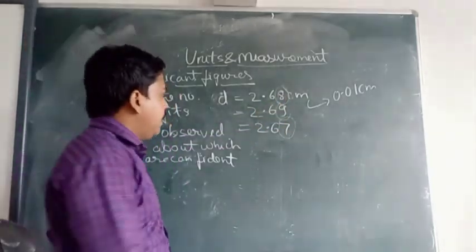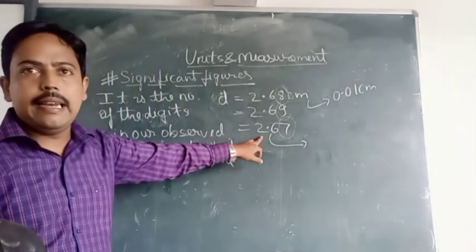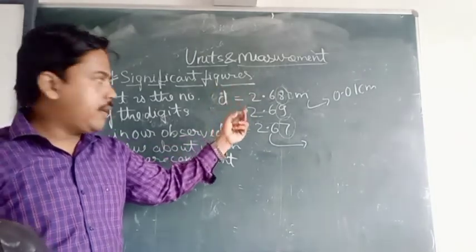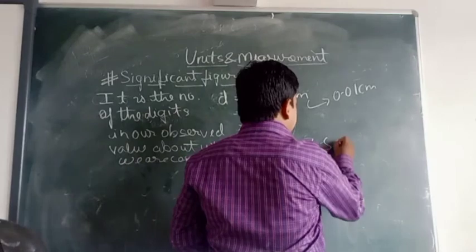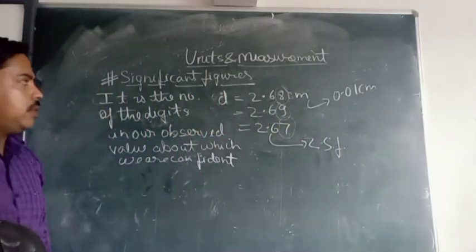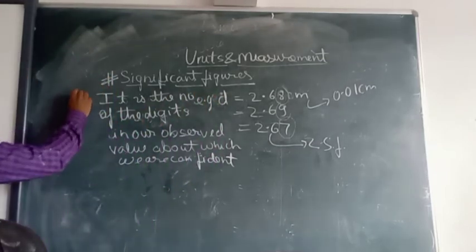So how many significant figures are there in our observation? There are 2 significant figures, that means 2 and 6. This is one example I have shown you, and this is the definition of significant figure.